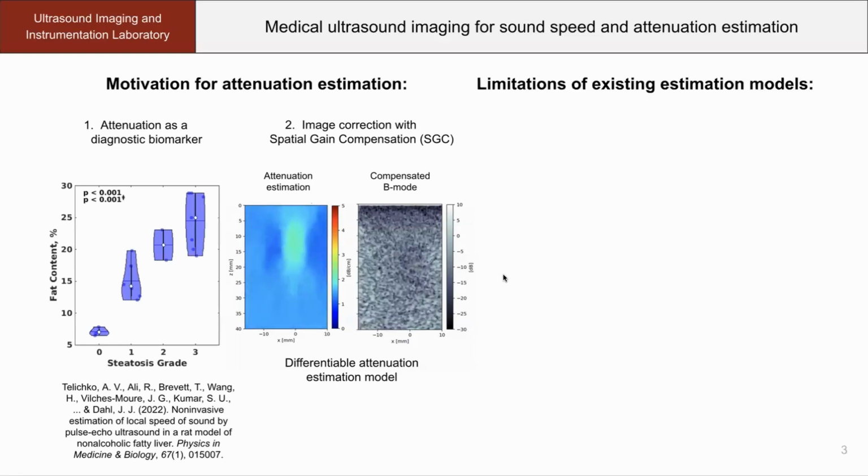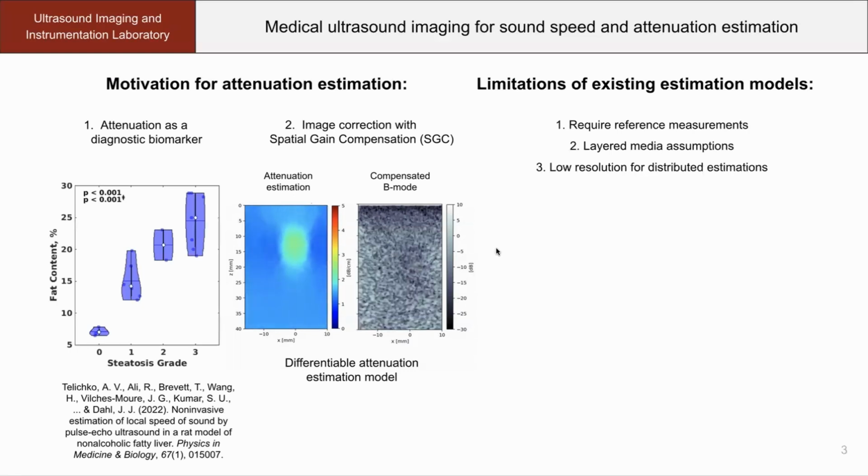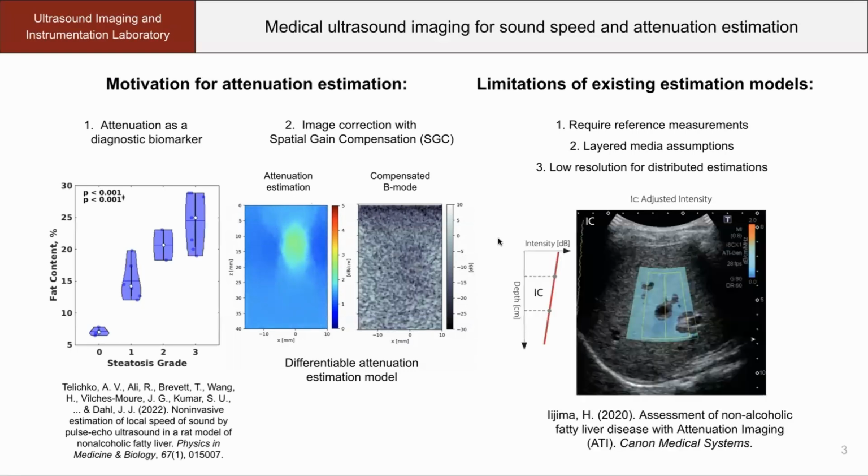Some of the limitations of existing attenuation estimation models are that they require reference measurements, that they're based on layered media assumptions, or that they have low resolution for distributed estimations. This is due to the fact that these models typically look at regions of interest of 10 to 20 wavelengths axially and laterally.